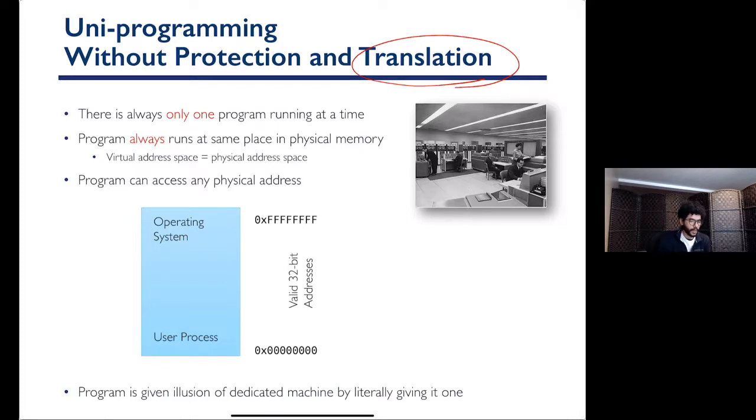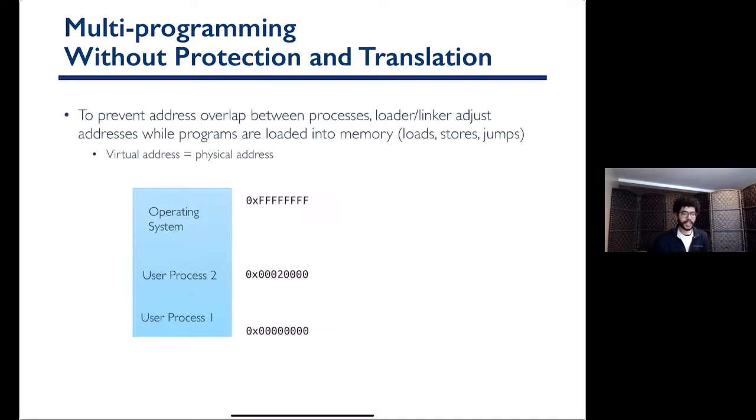So then the next step in the evolution of operating systems was multiprogramming. The first approach when we moved to multiprogramming was to make sure that each process is mapped to a certain region of the physical memory.